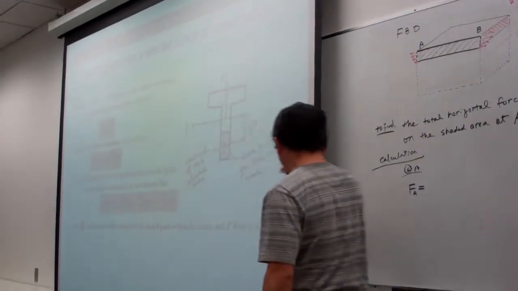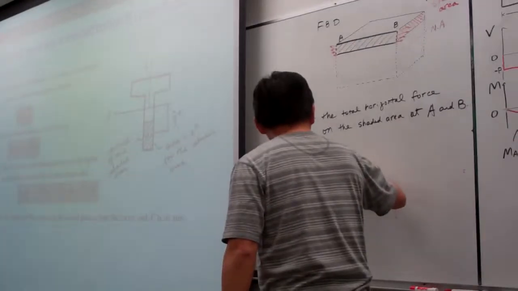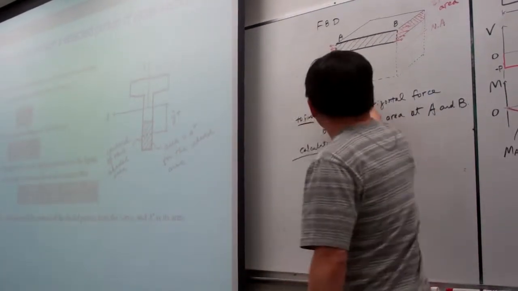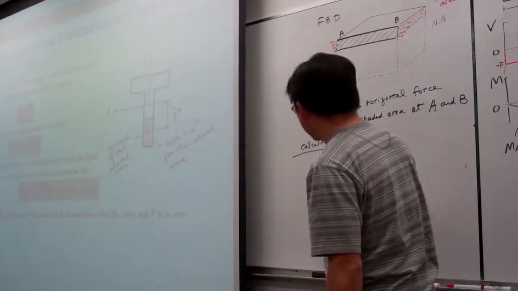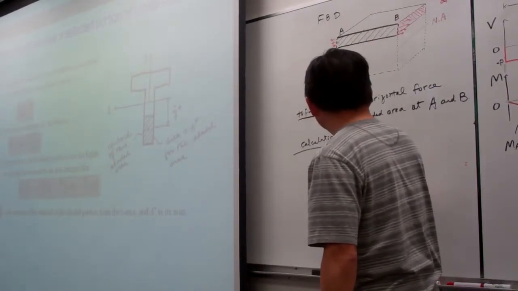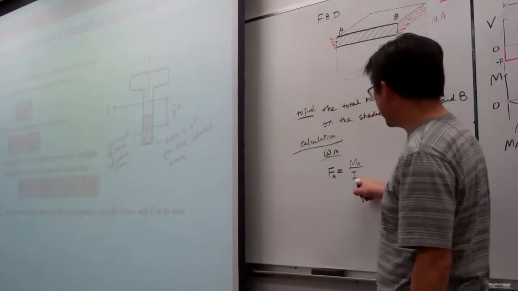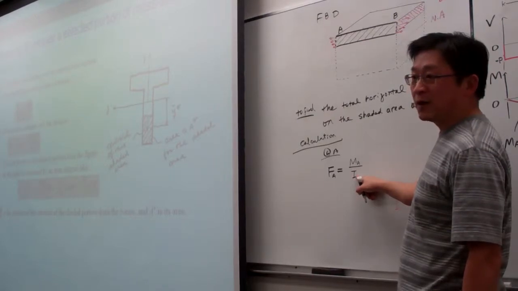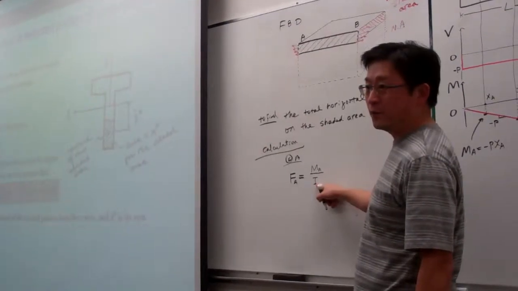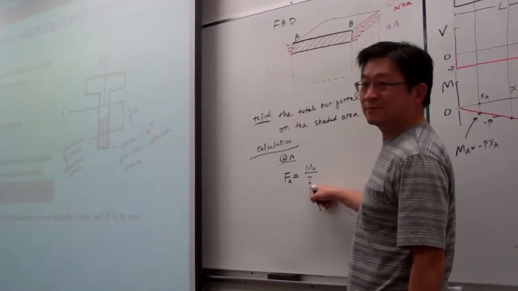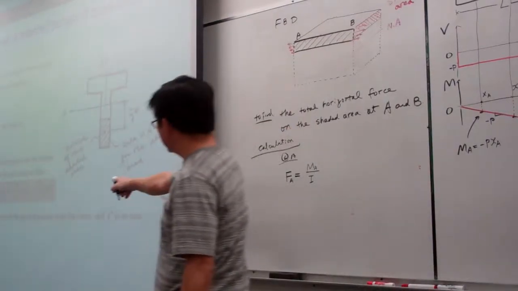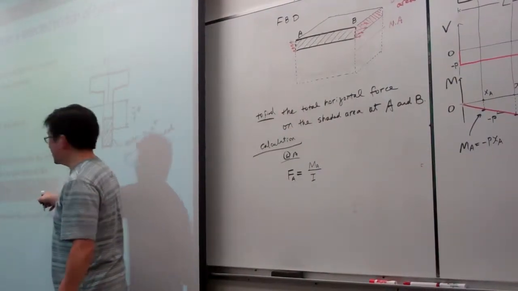So that is M, the magnitude of M at A, divided by I. The moment of inertia, what is I? The moment of inertia of what? What is this I? Think about that one.